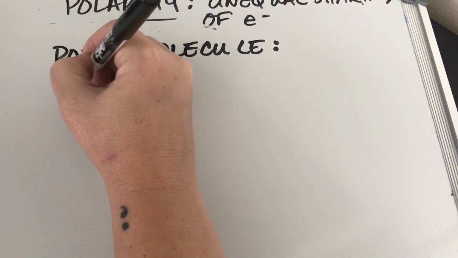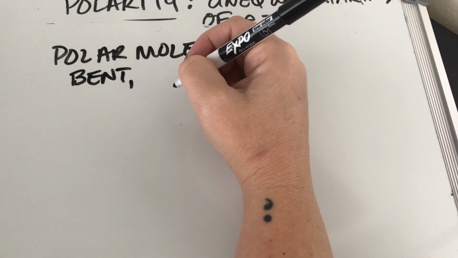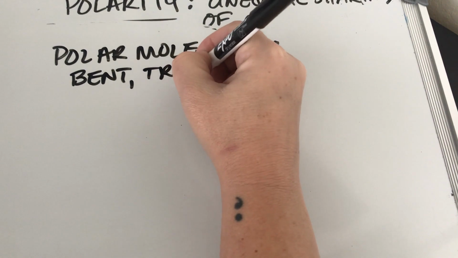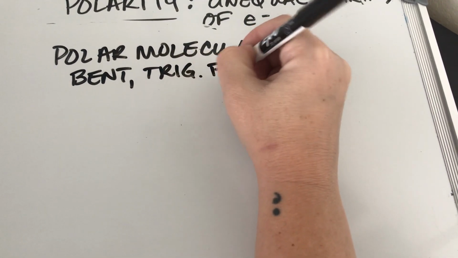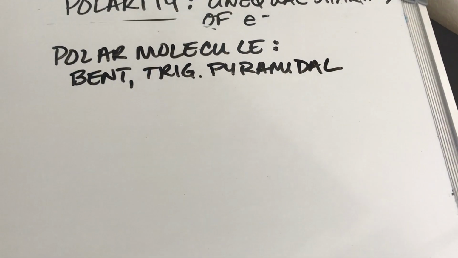So that would be bent, either one of them, and trigonal pyramidal. Those are your main geometries with lone pairs, okay?